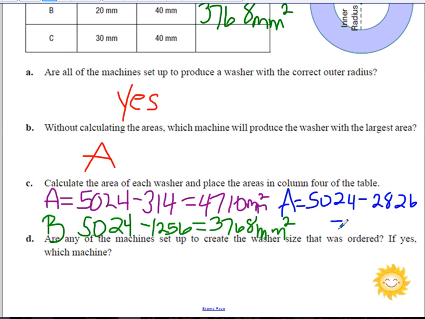And so that gives us 2198 left for the area of that washer. And again, millimeters squared. Always remember your units.